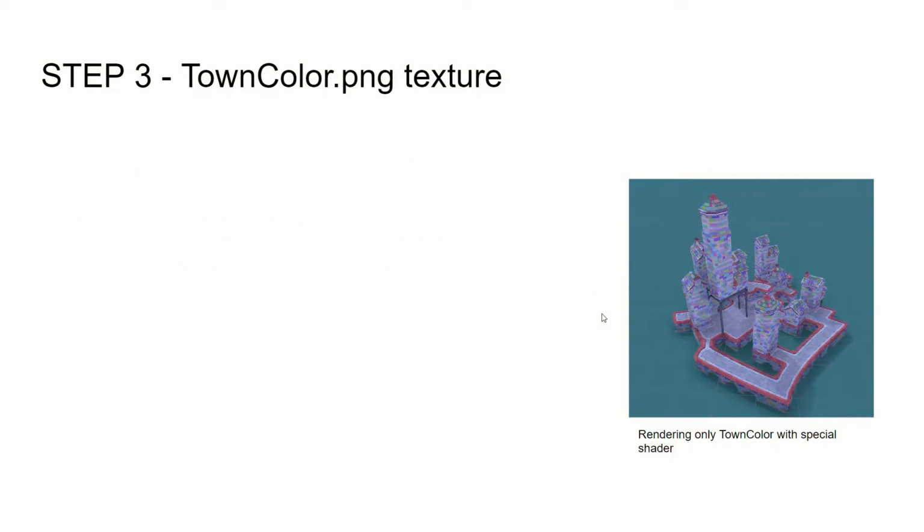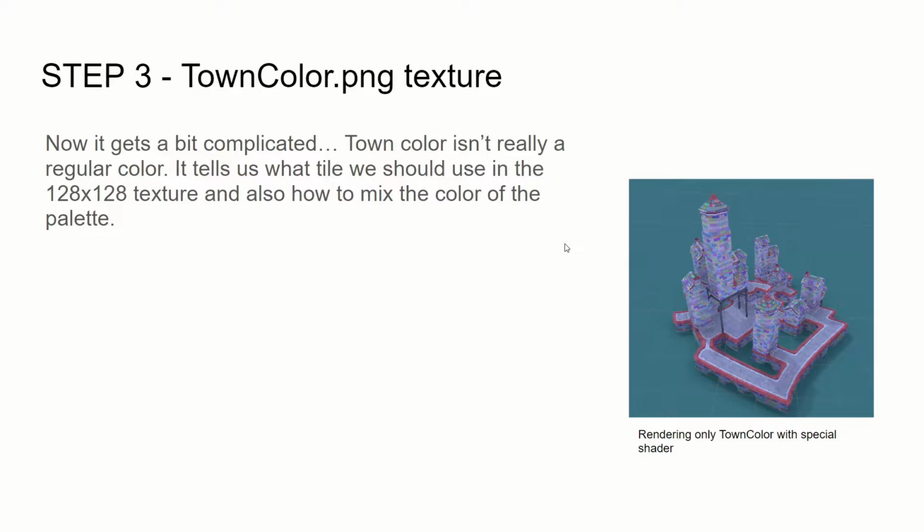Then we have the town color.png texture. So if we render this out with a special texture again, or a special shader, then it looks like this. So this is the complicated part, and it's actually really complicated.